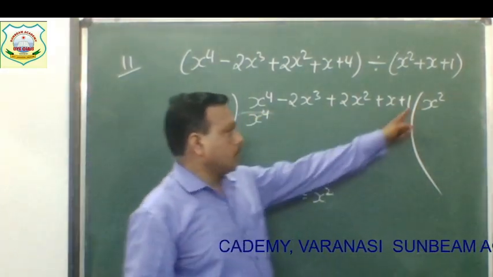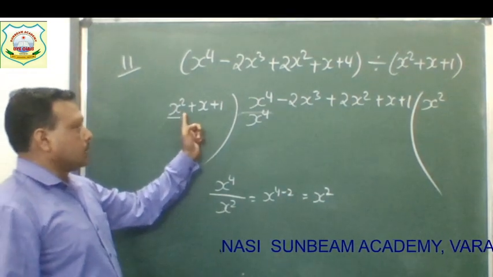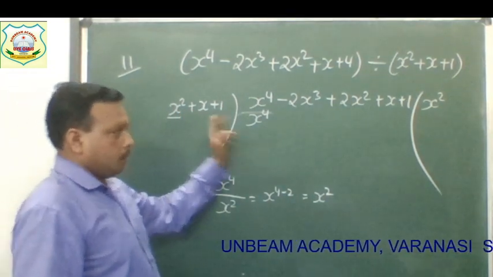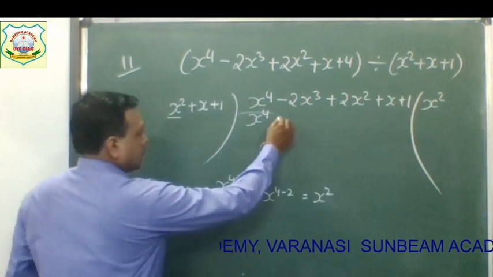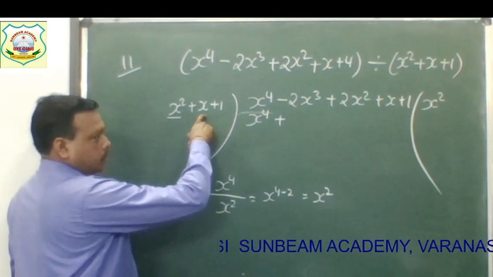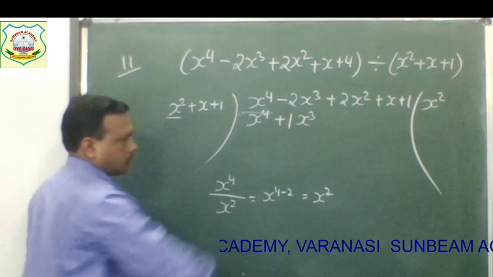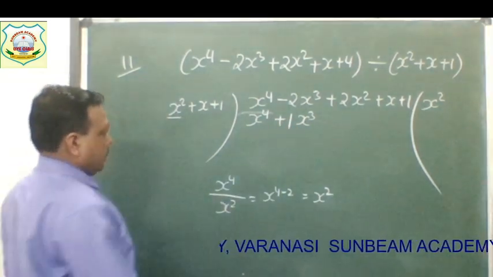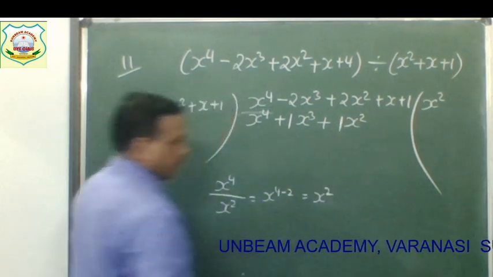The sign is plus, because the sign here is positive. Now x square into x is x cube, and x square into 1 is x square, so we write 1x square.